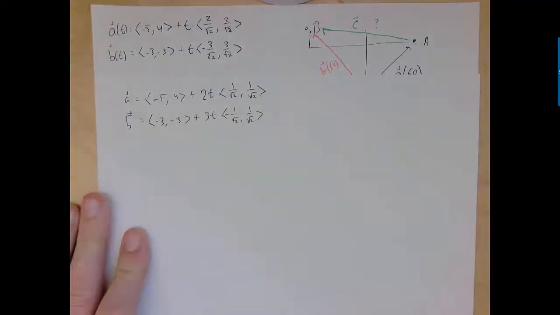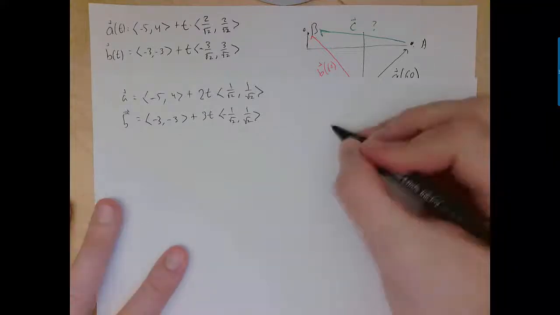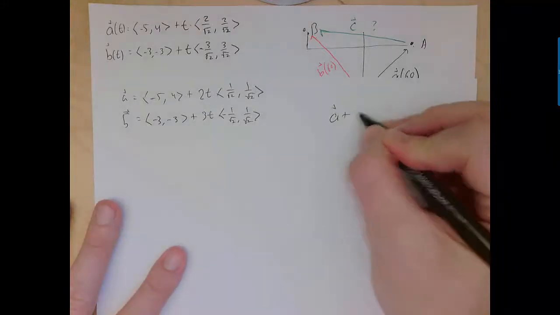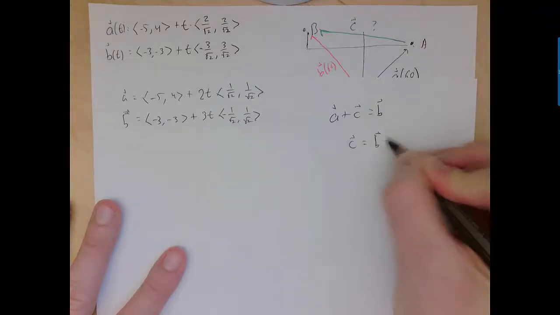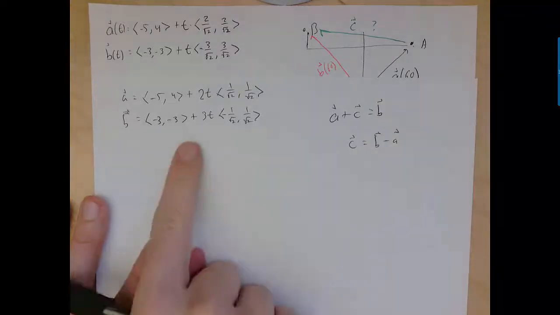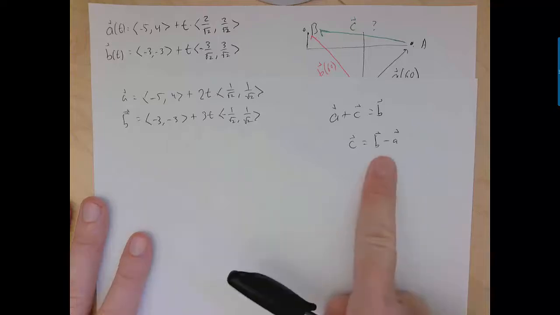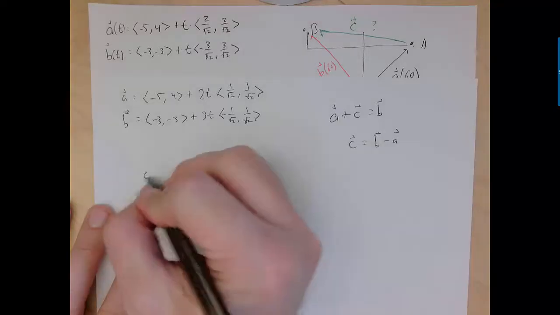Okay, that's interesting. Remember that I want to find a plus c equals b. So that means c equals b minus a. So without doing anything further, let's just go ahead and do that subtraction right away.